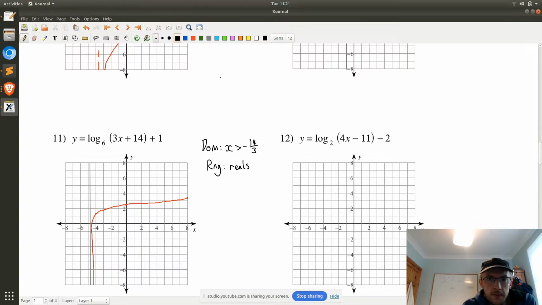Okay, last one now. Domain. Only positive numbers can be put into the logarithm. So 4x take 11 is greater than 0, so 4x is greater than 11, so x is greater than 11 over 4, which is 2.75.